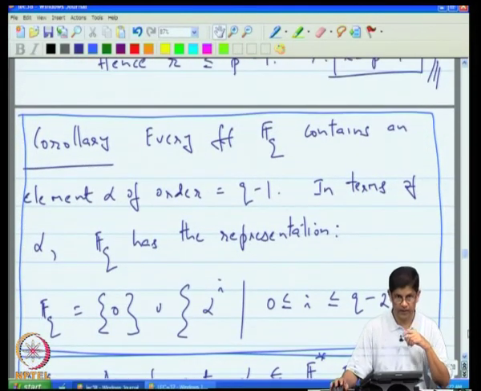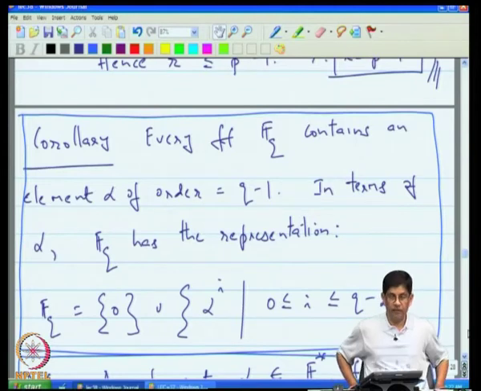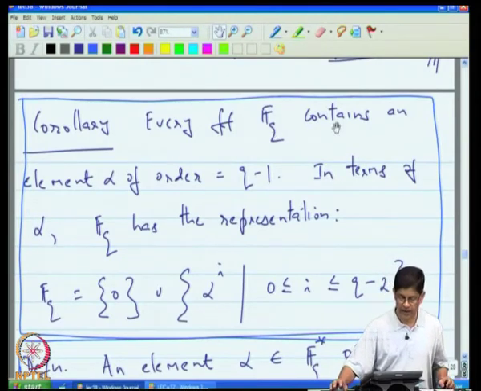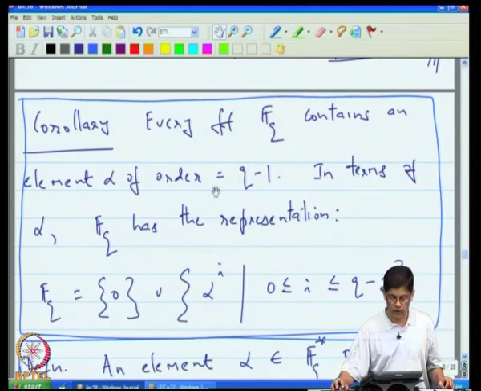So, the corollary: with this, we now have our very simple picture of the finite field. First of all, every finite field contains an element whose order is q minus 1. Let us call that element alpha.